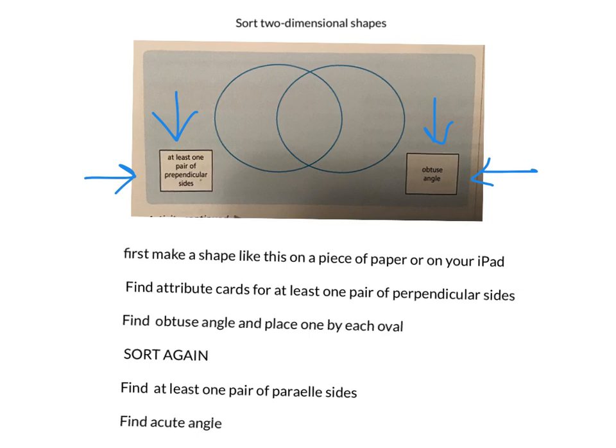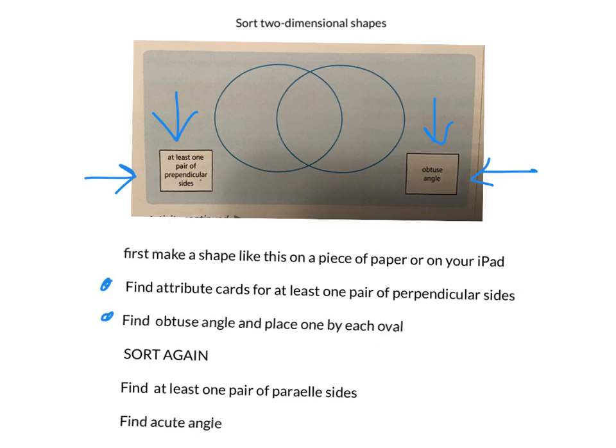Find attribute cards for at least 1 pair of perpendicular sides and then find 1 obtuse angle and place it by each oval. Then you're going to put them all back in one pile again, and then you're going to find at least 1 pair of parallel sides and an acute angle.